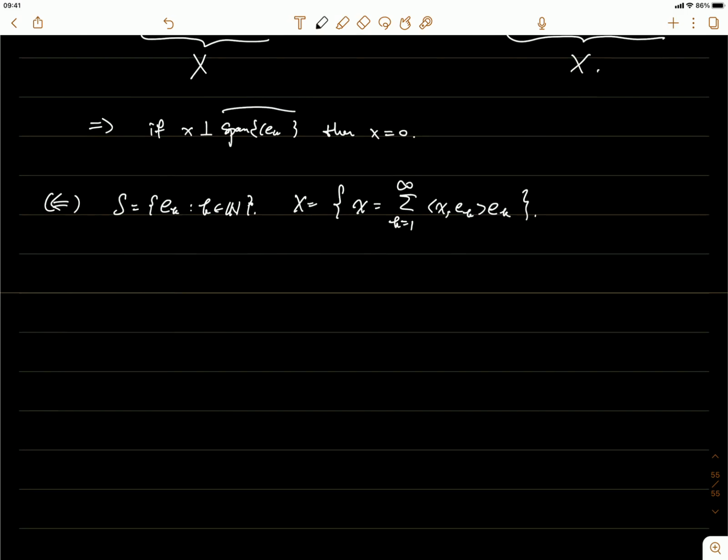And now let's consider this set, which is countable.